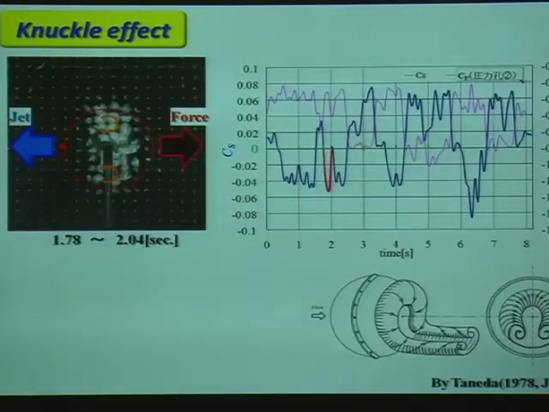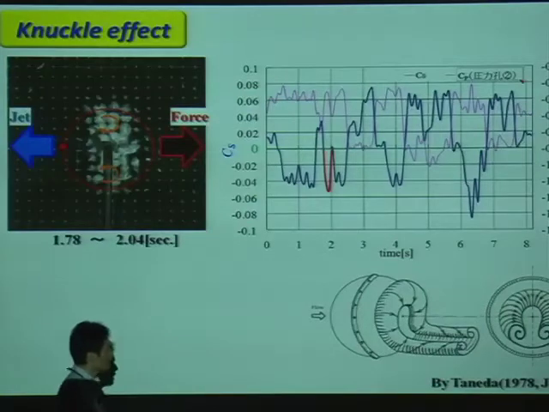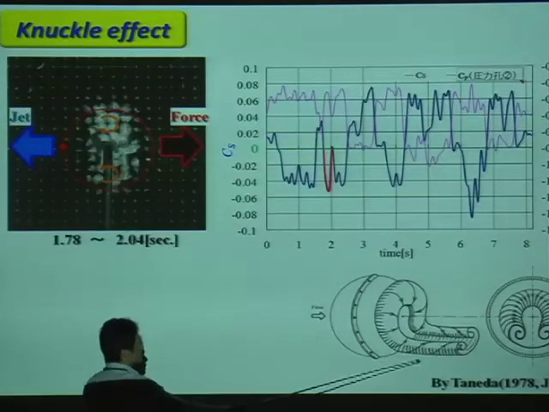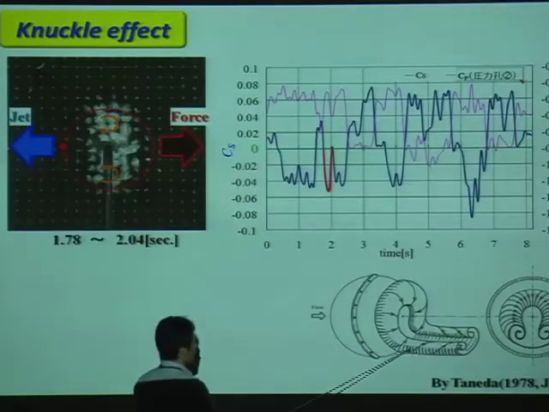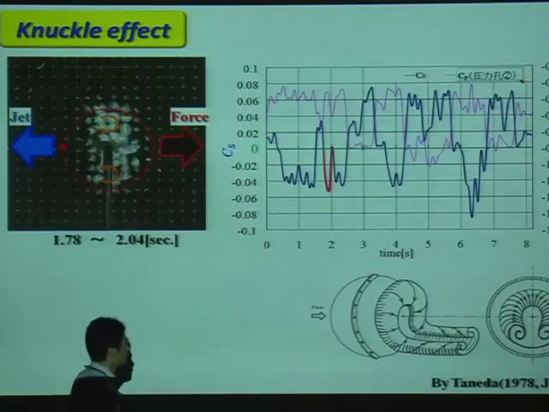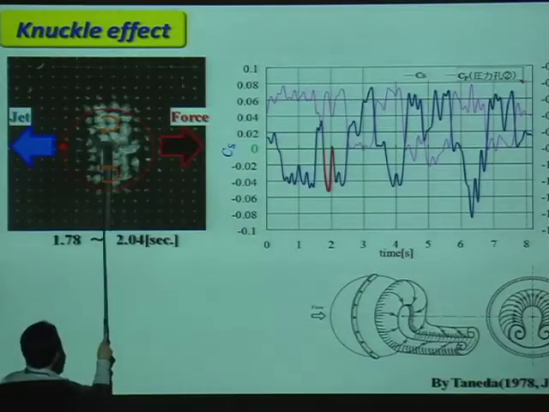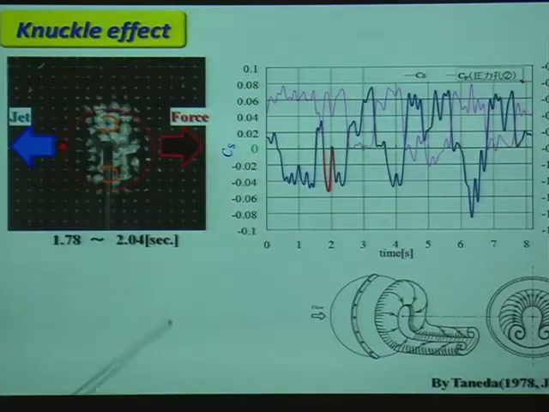And these schematics were drawn by Taneda, and he sketched a pair of vortices behind the smooth sphere. And we believe we are watching this kind of a pair of vortices in the wake of Asaka Ball.